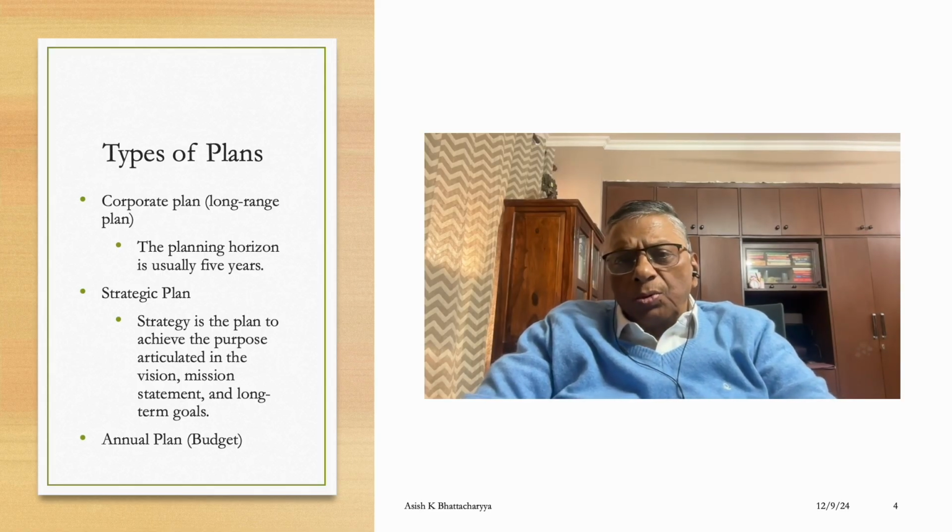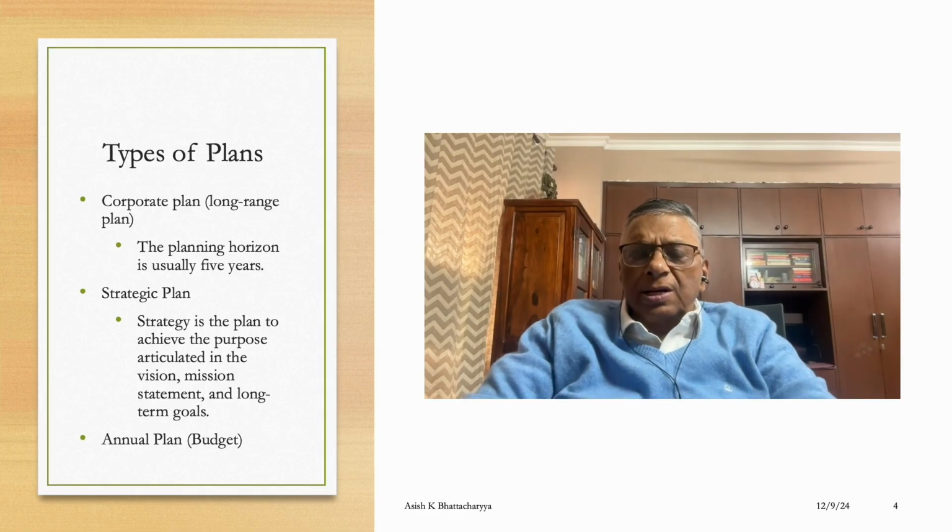Now we have to set a goal where we want to reach in another 5 years. Many companies plan for another 20 years. But of course, in today's day, to look 20 years ahead is absolutely difficult. But yes, you have to plan for it. But a corporate plan, a plan for 5 years, a long-term plan, is not very unusual. You have to set a target where you want to reach after 5 years.